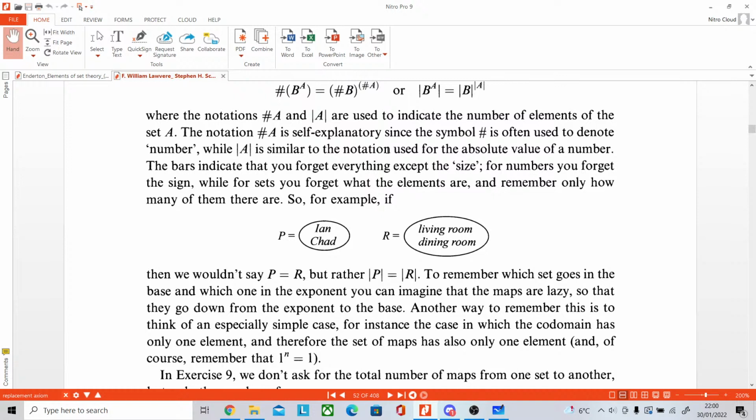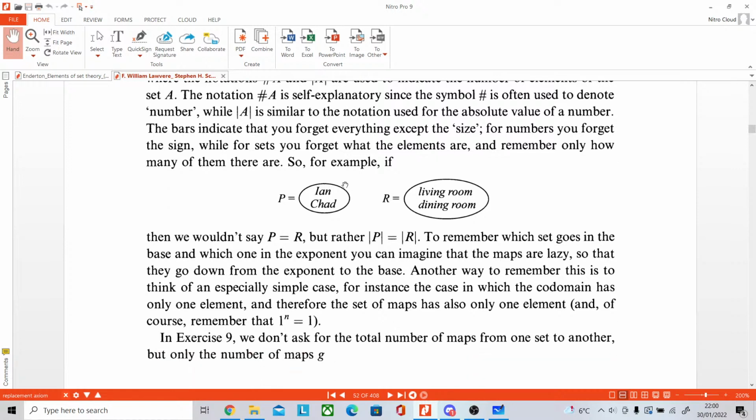We use this terminology to denote the number of elements inside a set. P and R are different sets, obviously, because they contain different things, but they contain the same number of elements. So we say the number of elements in P is the same as the number of elements in R.